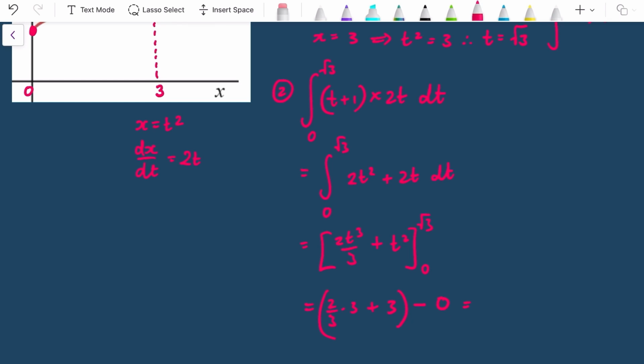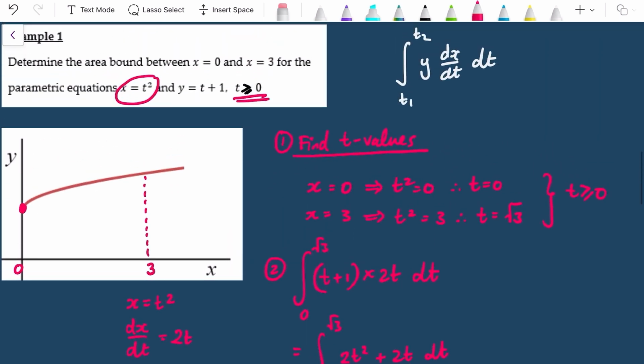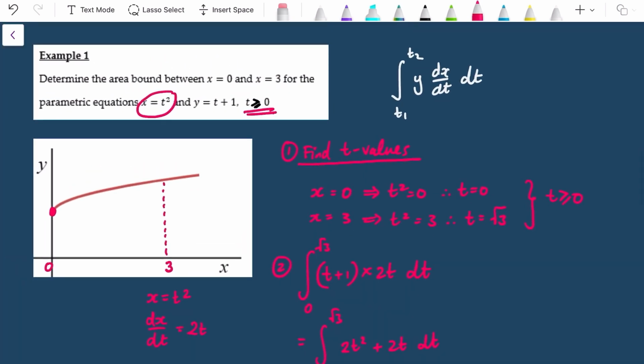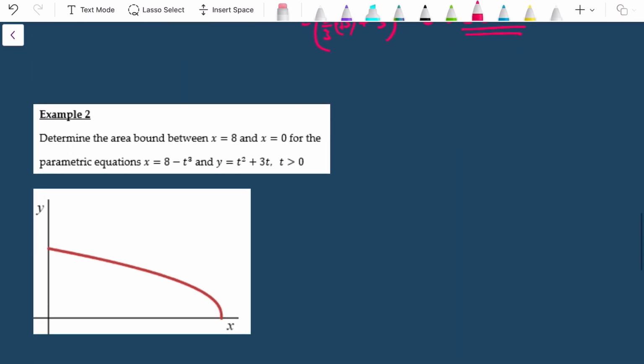So that's actually 2t cubed divided by 3. So that's root 3 cubed there, which will give me 2 root 3. 2 root 3 plus 3 as my final answer. And that is a really simple example, first one, of how we integrate parametrically. Okay, let's have a look at another example.